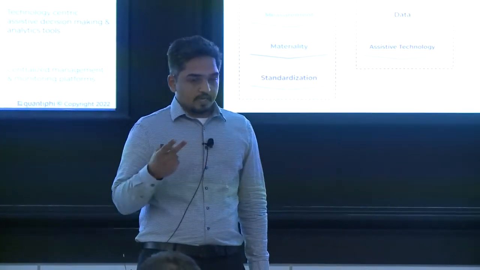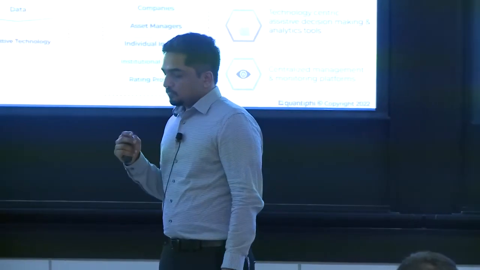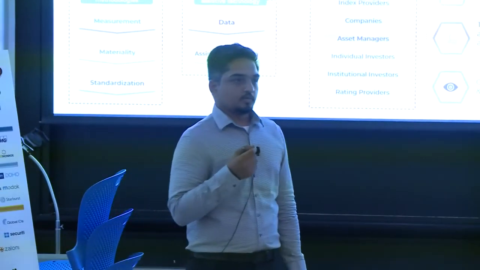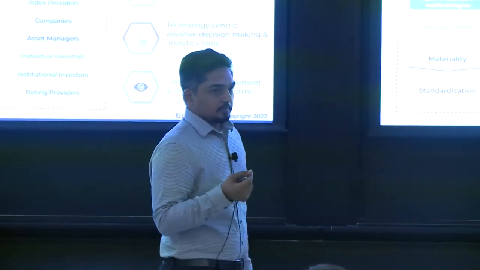And also two main aspects of where people are heavily investing resources now are the data and assistive technology for companies to be able to report out their efforts in a meaningful way.